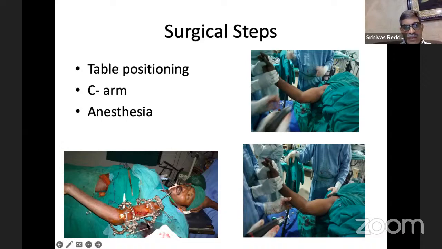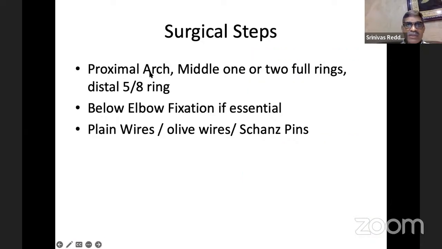Otherwise, we can use 2 bolsters to have a space here, and second thing is, before that, we have to keep a small towel folded in between the 2 shoulder blades.